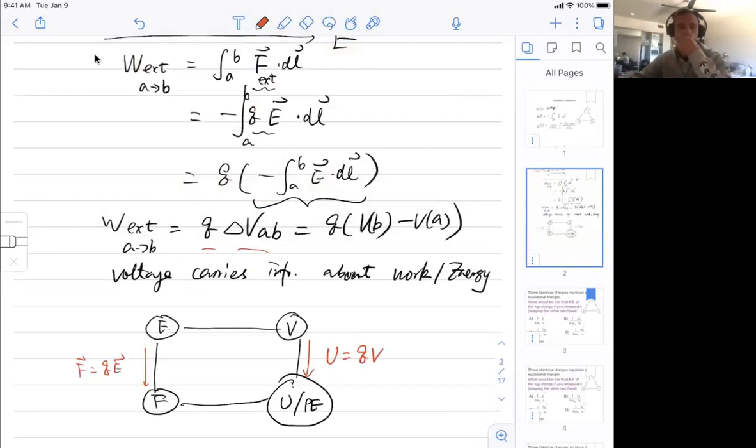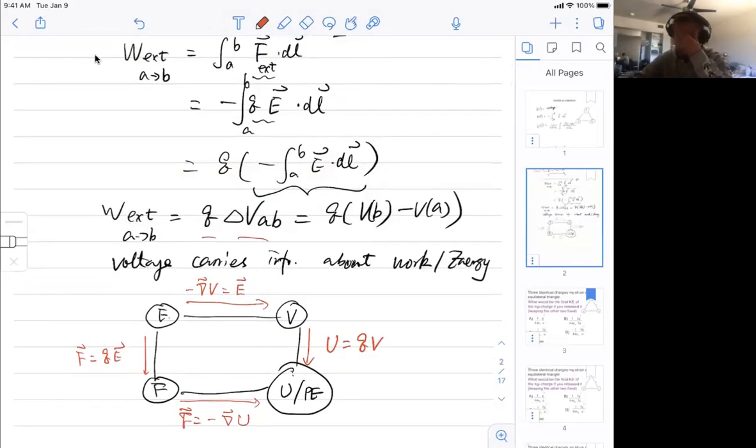Also, if you go from E to V, the negative gradient of V is E, right? So from force to potential energy, what is the relationship? F is equal to the negative gradient of your potential energy.